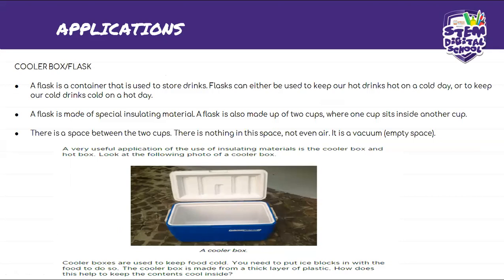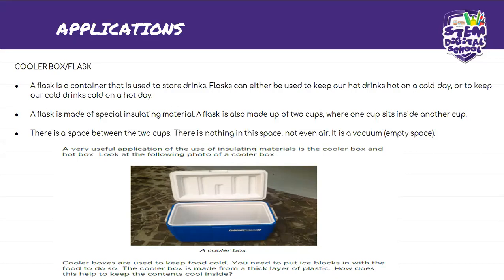So a flask is made up of special insulating material. A flask is also made up of two cups, where one cup sits inside another. There is a space between the two cups, and there is nothing in this space, not even air. It is a vacuum, empty space.